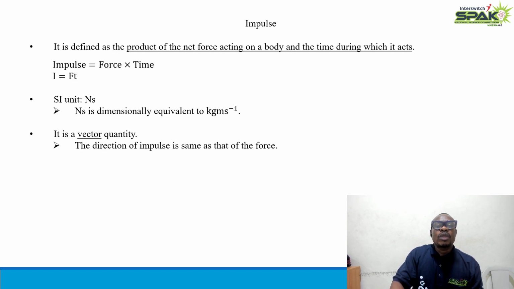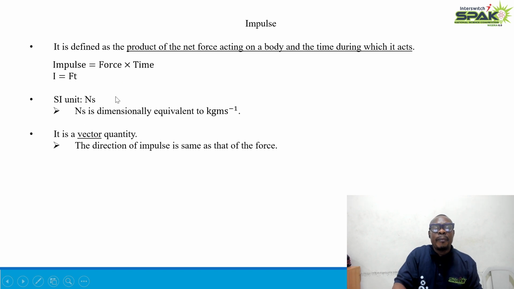All right. Impulse, as I've defined earlier, is the product of the net force acting on the body and the time during which it acts. So the impulse is force times time, and the SI unit is Newton seconds. If impulse is equal to the product of force and time, as well as the change in momentum, and the unit for change in momentum is kilogram meter per second, then since impulse is equal to force times time and change in momentum, they share the same unit as Newton seconds.